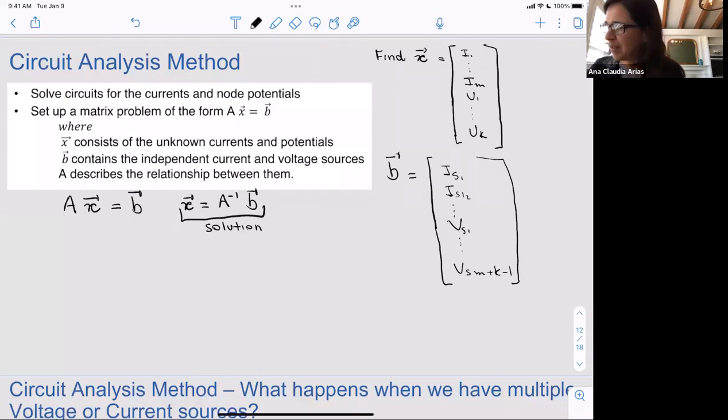So now we are engineers, and we want to know what's inside. What's happening with all of these unknowns? And we know that they are going to be relating to each other.